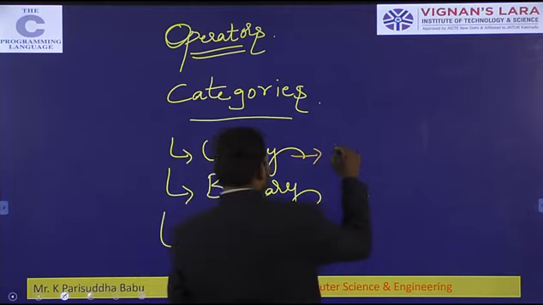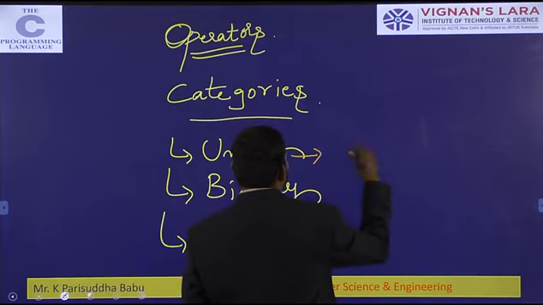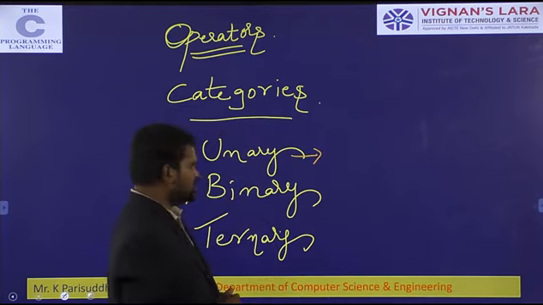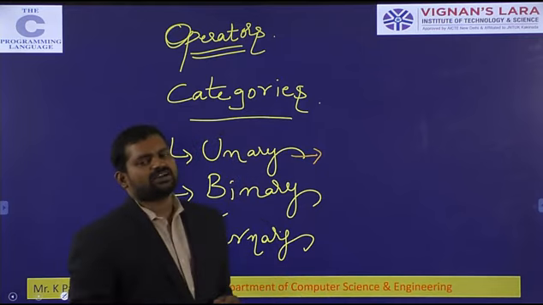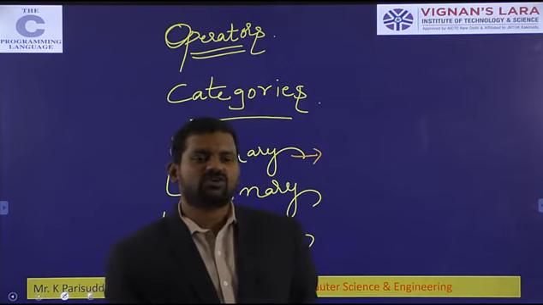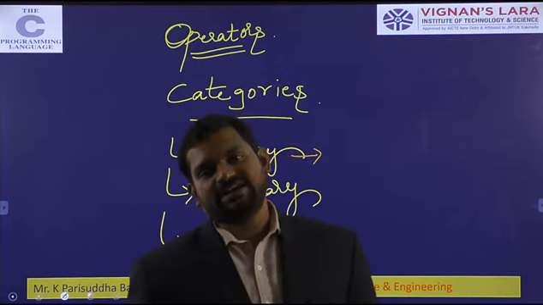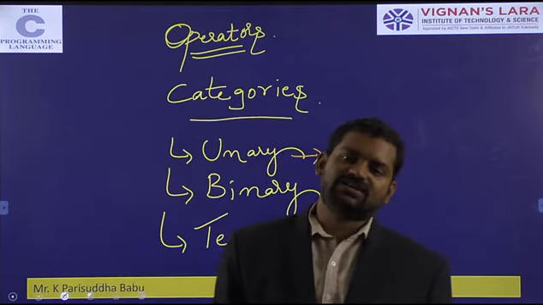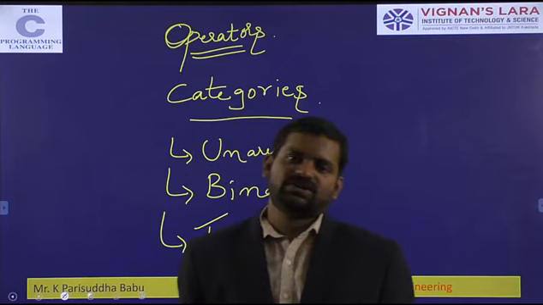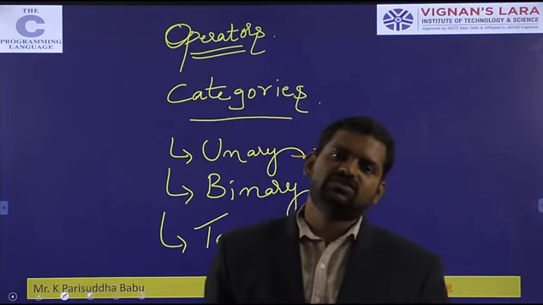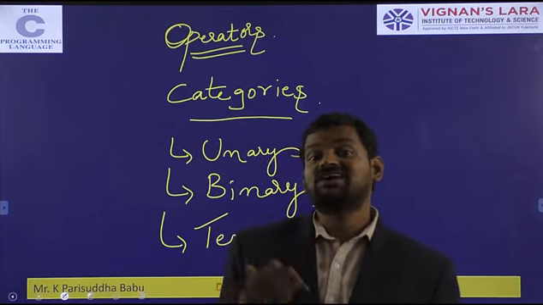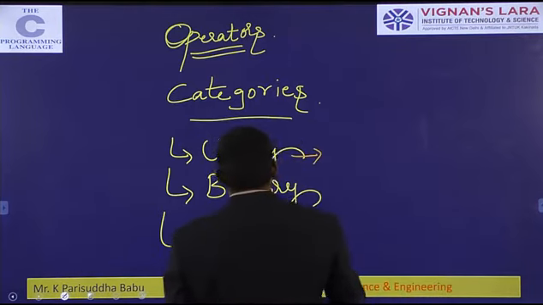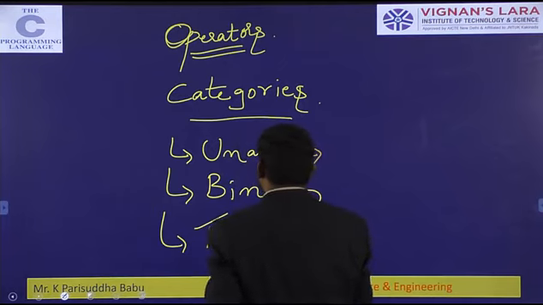Binary operator is an operator that performs the operation in between two operands. Binary, bi is 2, unary is single. What is a ternary operator? A ternary operator is an operator which performs its operation on three operands. So this is the unary operator, binary operator, and ternary operator.